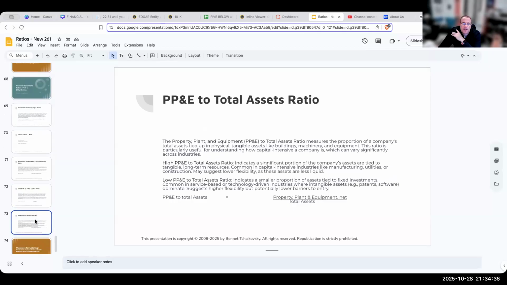And lastly, we've got PP&E to total assets, which represents the portion of the company's total assets tied up in physical, tangible assets like buildings, machinery, and equipment. The ratio shows how capital intensive a company is, which can vary across industries. A high ratio would be typical of manufacturing, utilities, or construction.